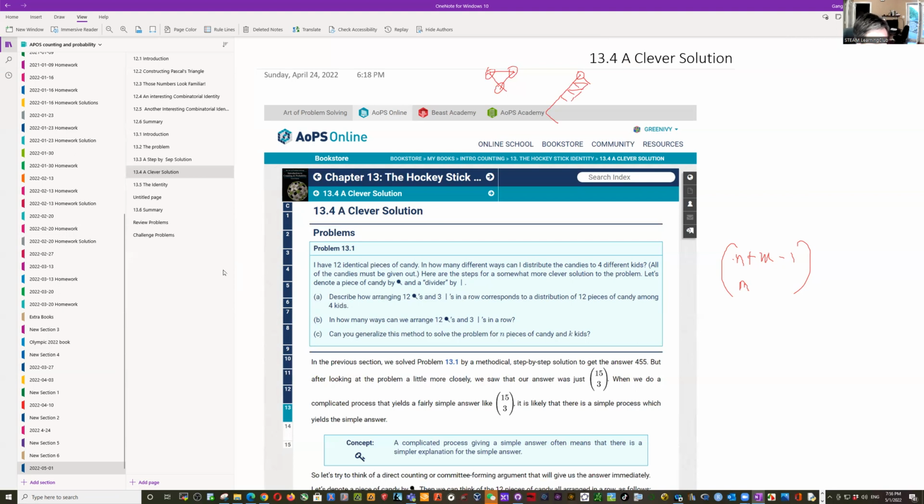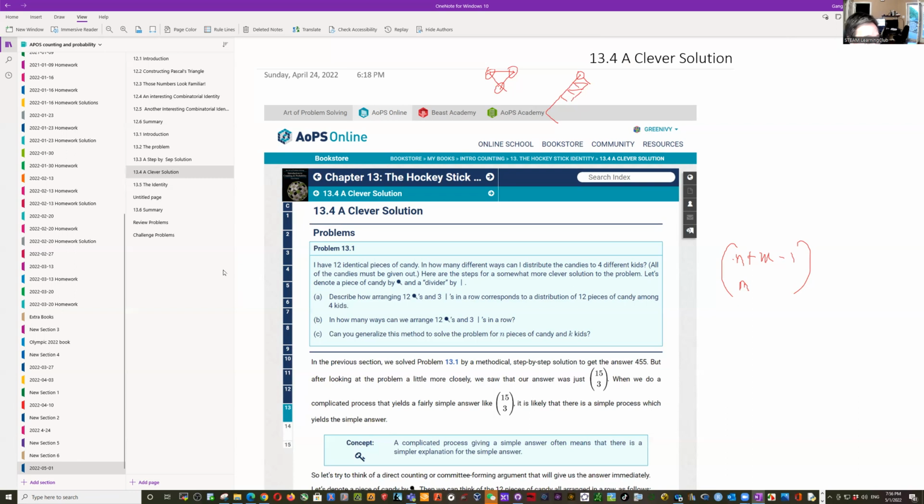And then we're also talking about the method to break down a harder problem. For example, distributing that many candies actually has two variables: the number of candies and the number of kids. By varying the number of candies, the problem goes nowhere because the pattern changes dramatically.